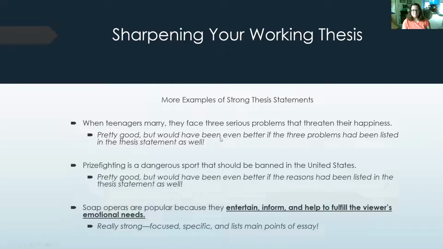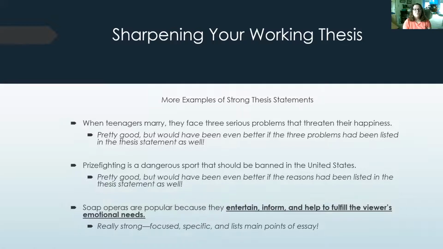It says, when teenagers marry, they face 3 serious problems that threaten their happiness. That's a decent thesis statement. If I were to read that at the end of an introductory paragraph, I would know, for the most part, what to expect in the rest of that essay. I would know that the rest of the essay is going to talk about the serious problems that threaten the happiness of teenagers who get married.